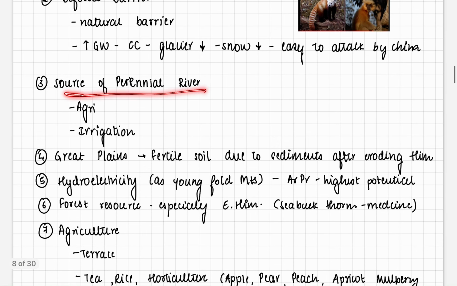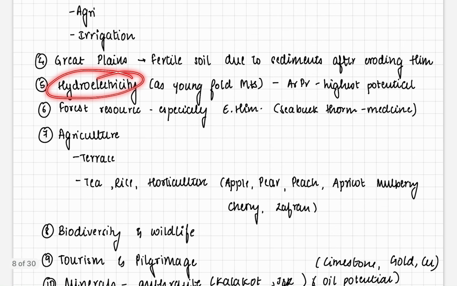It is a source of various perennial rivers which help in agriculture and irrigation. The Great Plains are formed by the deposition of the sediments of the Himalayan rivers. There is hydroelectricity potential because of the very steep rivers at the height of the Himalayas, and forest resources which have medicinal value as well.